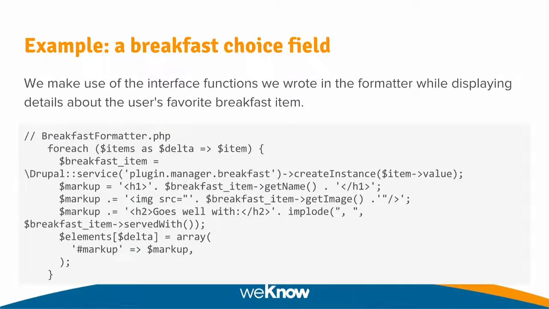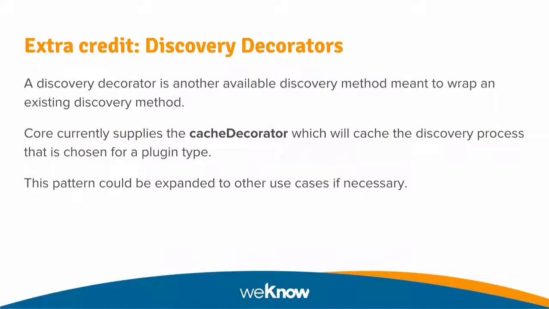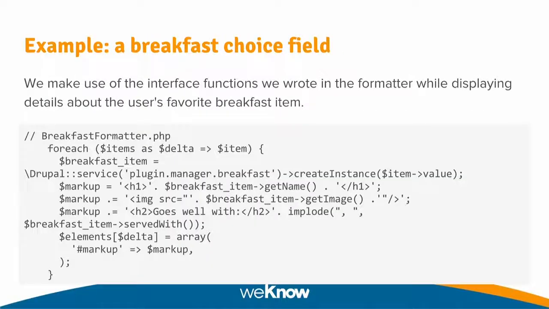It came with get name, get image, but now it can also get served with because it's a class and it's optional. If my plugin has it, it'll call it and add that to that same piece of markup. We're not going to go into the decorators or anything like that. So for plugins, does this make sense? Was that kind of clear how you can extend it?